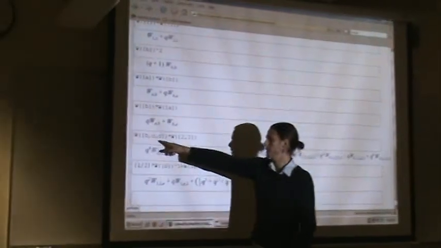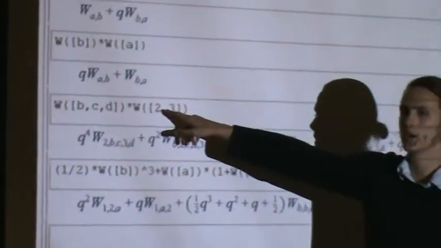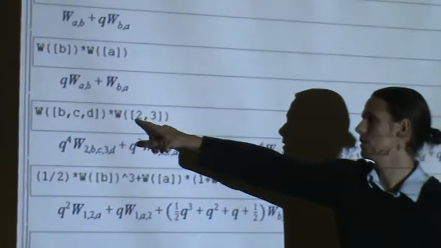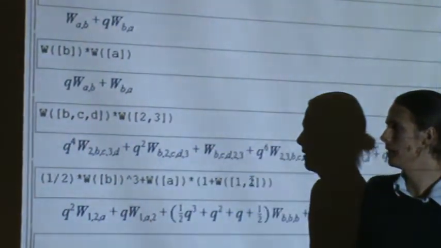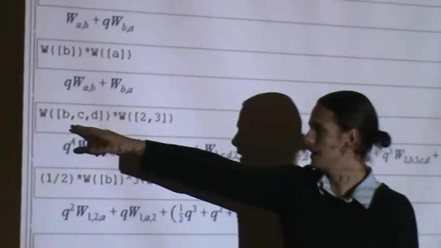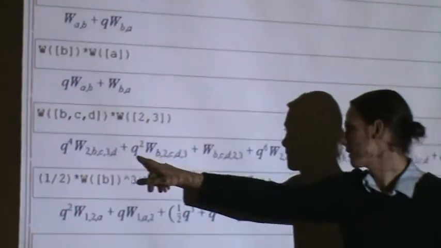It doesn't matter where the letters in your alphabet, or letters in your word, are coming from, it'll handle them correctly. So here we take the Q shuffle product of BCD and then 2, 3, and you get this fairly complicated expression.